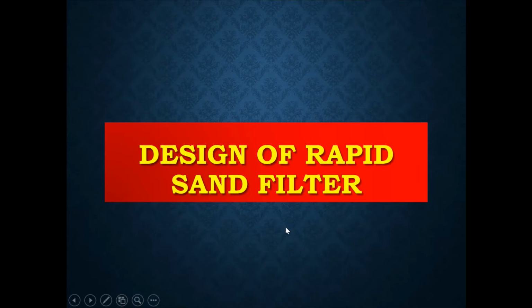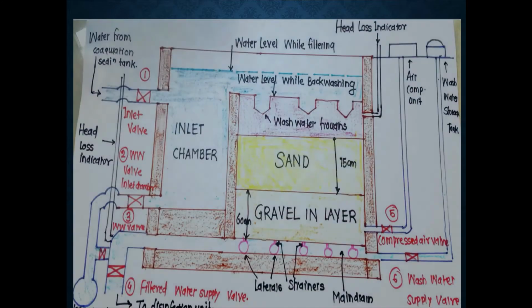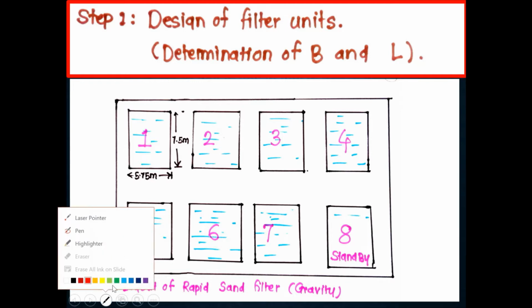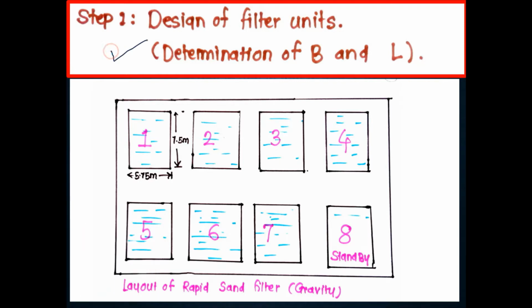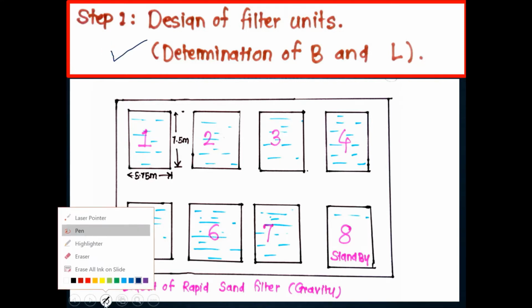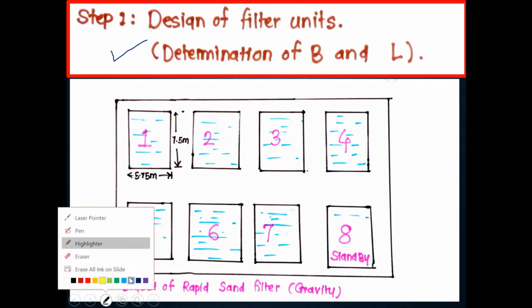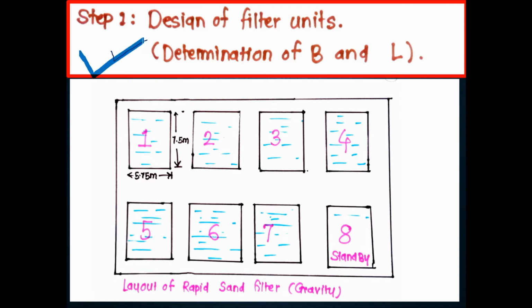We will see the steps one by one. Step number 1 is the design of filter units. It is a much easier step, because part of step number 1 we have already completed in the type 1 example. It is very easy to calculate the dimensions, the width and length of the tank.